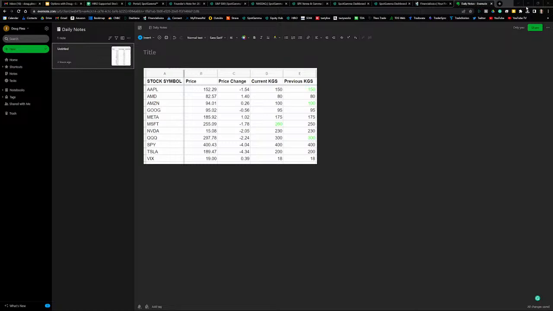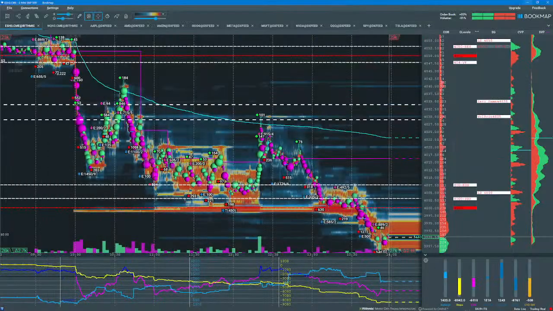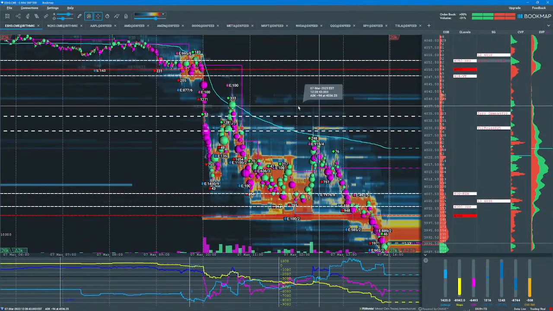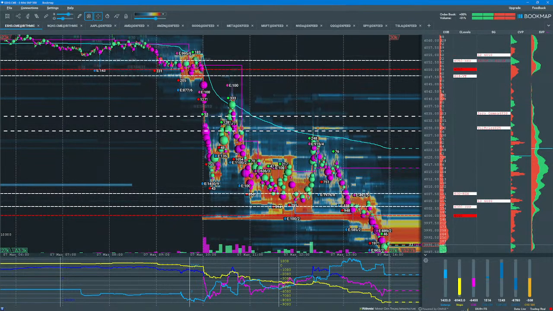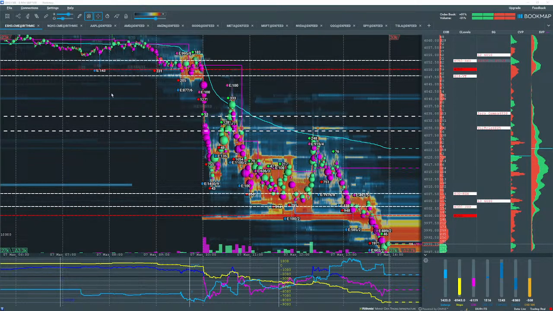And you can see from the Bookmap chart here that there is very little movement in price, especially from like 9 a.m. to 10 a.m., just a very narrow range, and then price dropped sharply after he started speaking and continues to move lower.